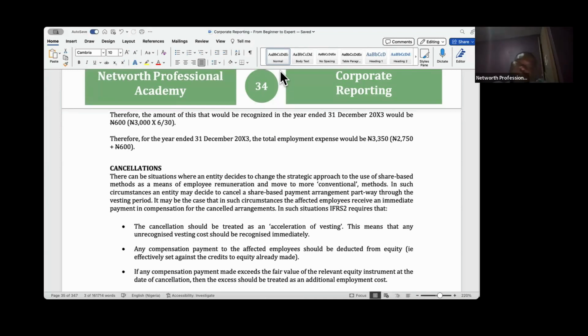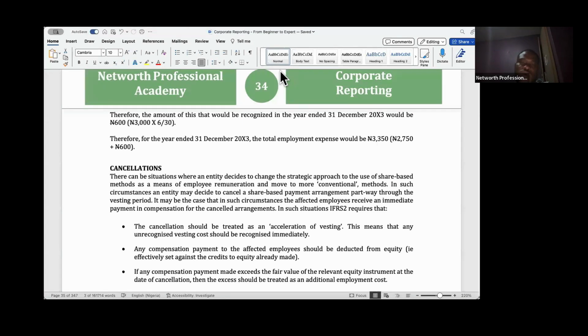Okay, so equity reserve is just a separate account under equity. When we say equity, equity comprises your ordinary share capital, your share premium, your retained earnings, your revaluation reserve. So with this topic, we are saying that there is a new reserve called equity reserve.